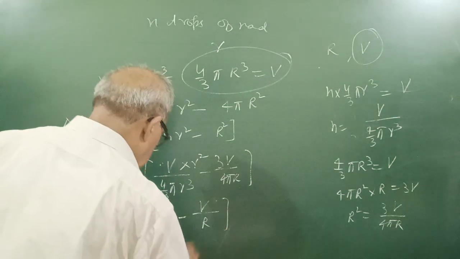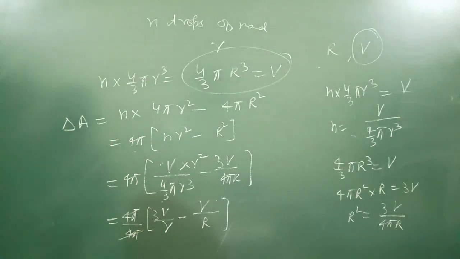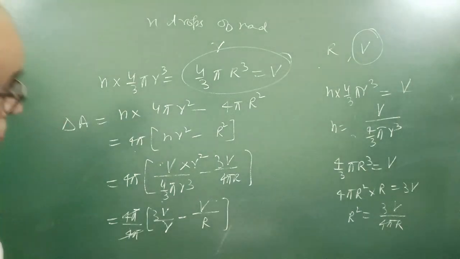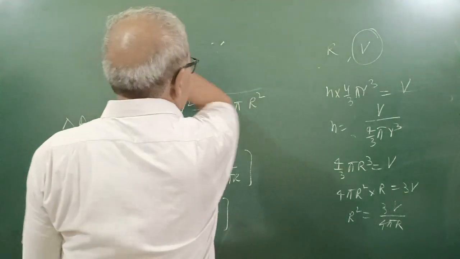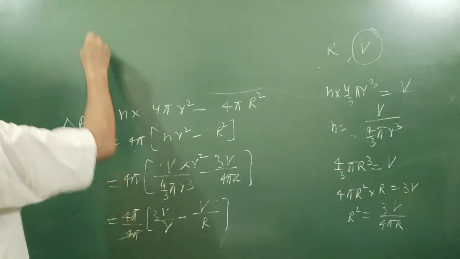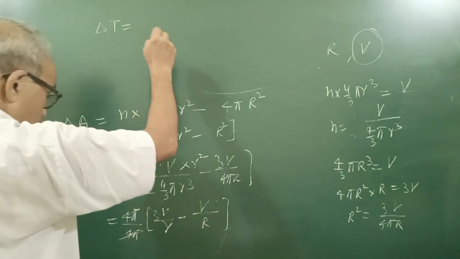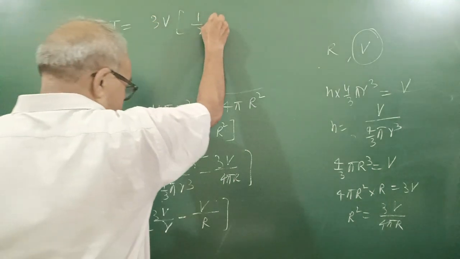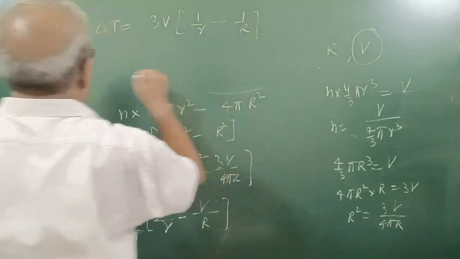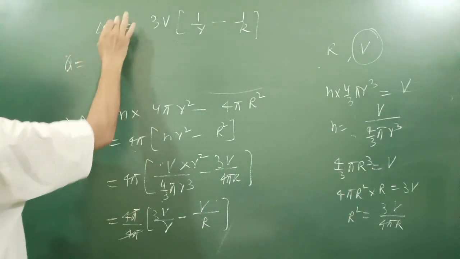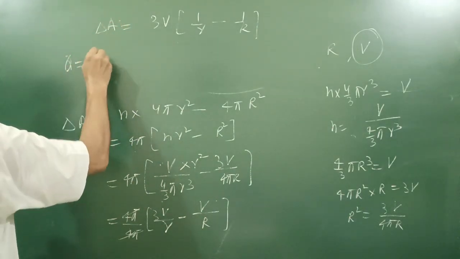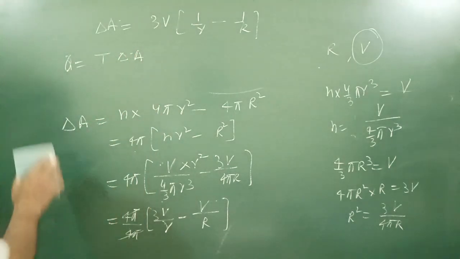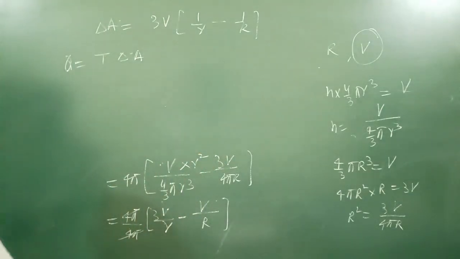So 4 pi cancels, so the decrease in surface area is delta A equal to 3V common, into 1 upon r minus 1 upon capital R. So energy released Q equals T into delta A, surface tension multiplied by surface area.